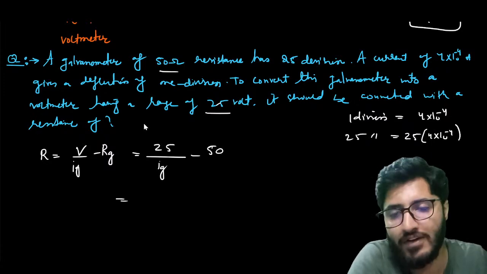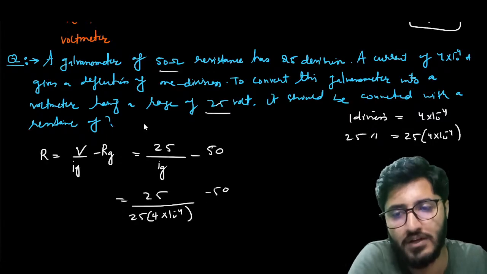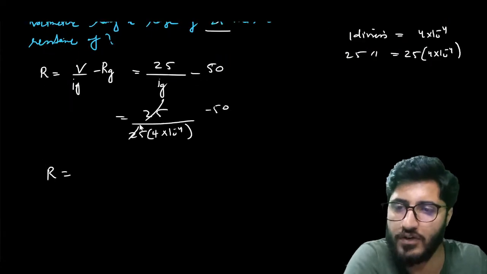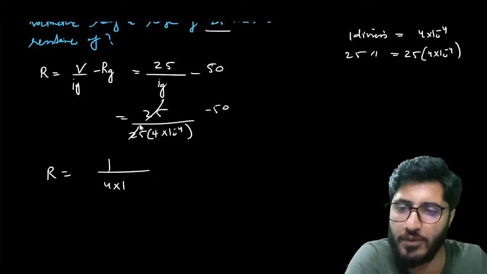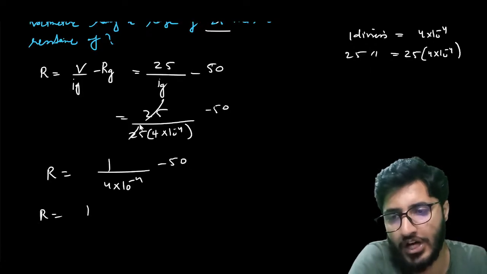So I will write 25 divided by 25 × 4 × 10^-4, minus 50. Cancel out. So R is equal to 1 divided by 4 × 10^-4, minus 50. I will write R equals 10^4 divided by 4, minus 50.